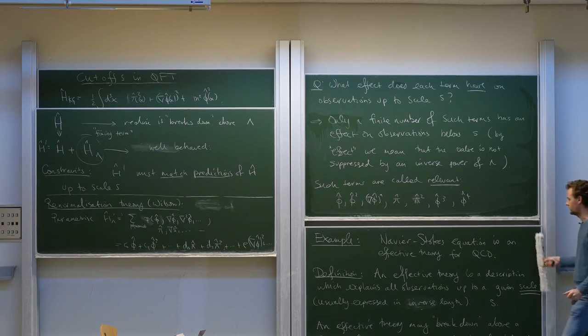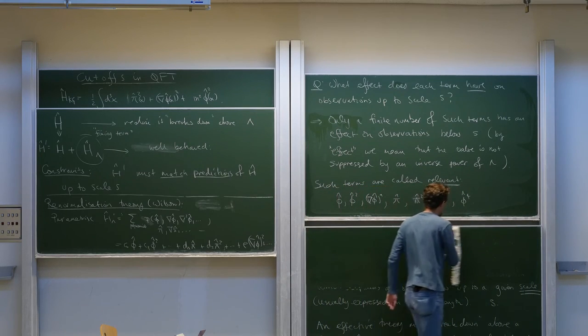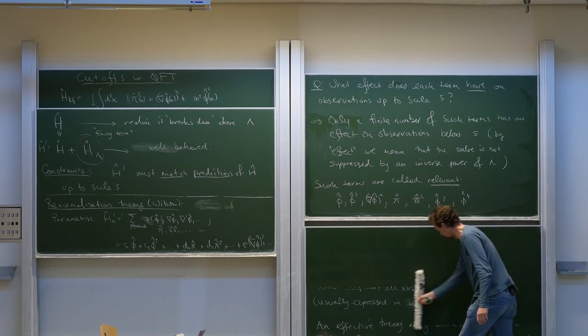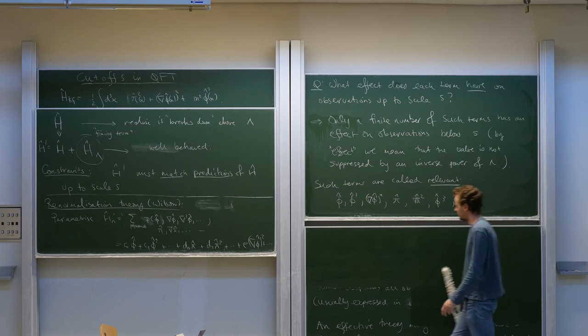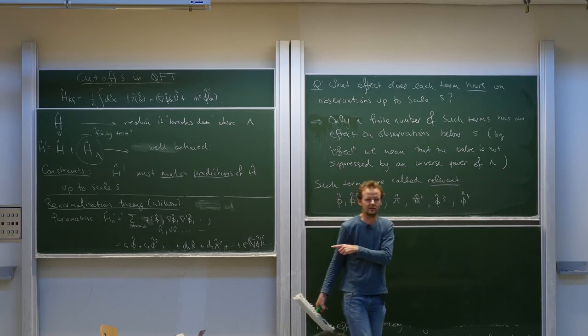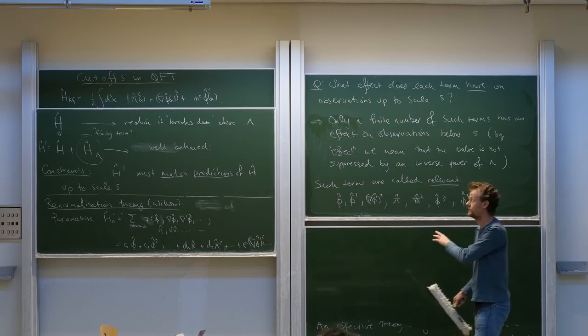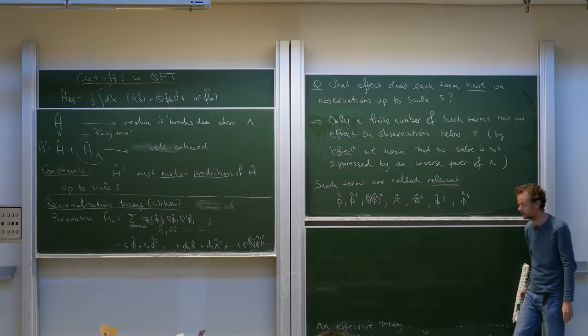Now to come to answering the question of what is a cutoff. A cutoff is any way you like to stop your theory pertaining to degrees of freedom above lambda. So however you like to implement it, you can do it that way. All cutoffs are related by an infinite number of terms like this, but only a finite number of them will have any effect on your predictions below the cutoff.